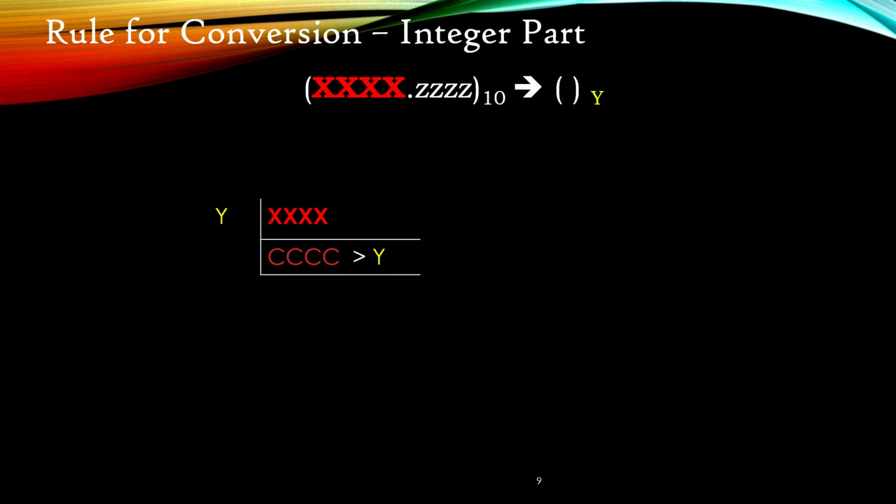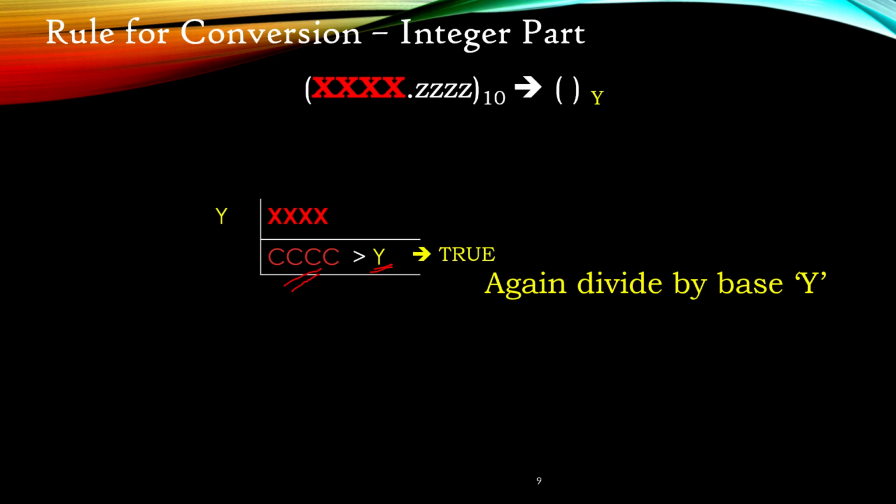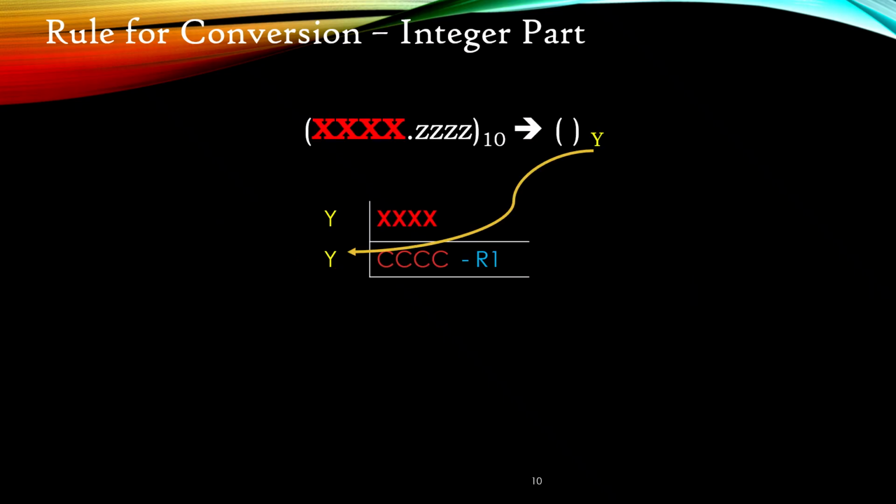To continue this process, we have to check whether this quotient value is greater than the base value y. If this is true, we continue the division process, so again we divide it by y.